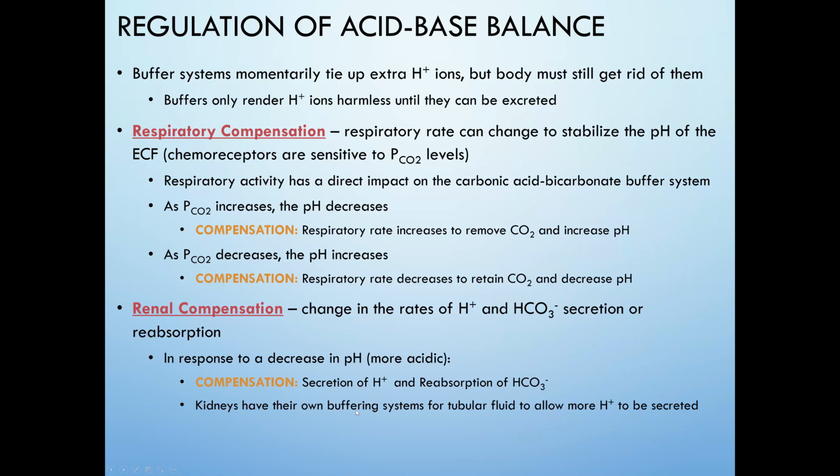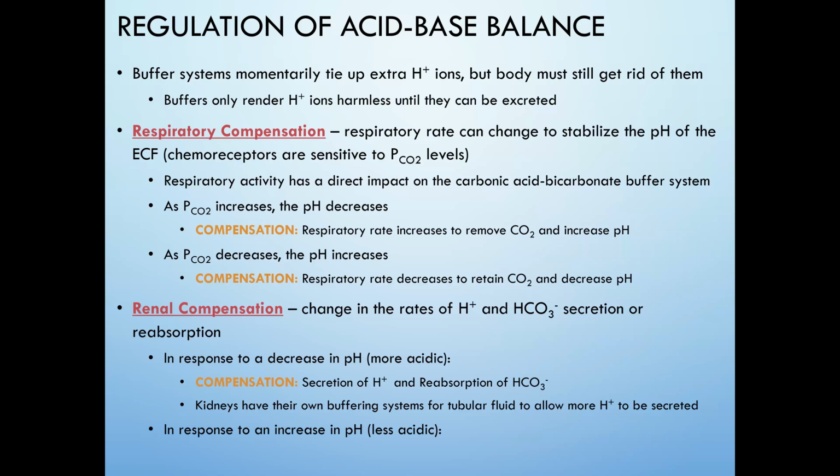So the kidneys also have their own buffering systems for the tubular fluid, which allows them to secrete more hydrogen ions because they're able to buffer them while they are in the tubular fluid, which lets the kidney secrete more hydrogen ions than they would otherwise be able to.